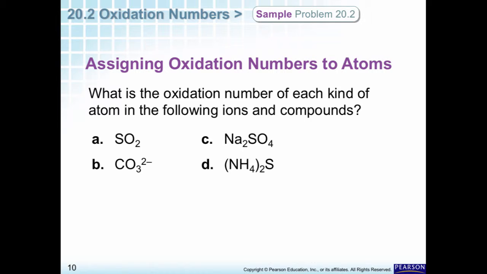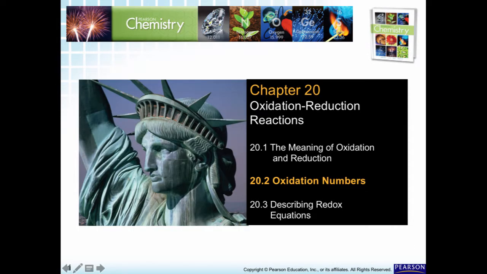So SO2: oxygen is minus 2, so that's minus 4, so this has to be plus 4. This is going to equal 0, okay? Now, B is carbon and oxygen, but it has a minus 2, so they have to add up to minus 2. So if I do CO3, oh boy, oh boy.